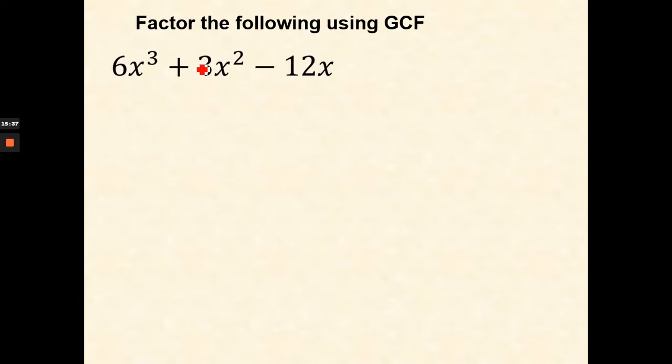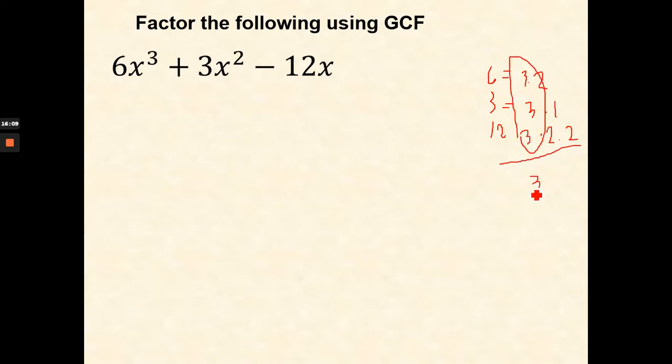So we have 6x cubed plus 3x squared minus 12x. So 6, 3, and then 12. Do the same thing. 6 is 3 times 2. 3 is 3 times 1. 12 is 3 times 4, but 4 can still be factored as 2 times 2. So 3 is the common factor.